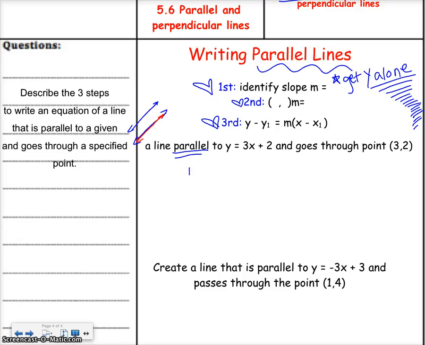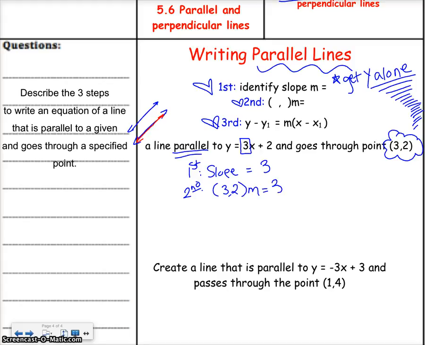So the first thing I want to do is figure out my slope. Here, y is by itself, so my slope is whatever is in front of x, which is 3. My slope is 3. The second thing I do, and this was our lesson in 5.4, I use the point it tells me. It says it goes through the point (3, 2), and now I know that it has a slope of 3.